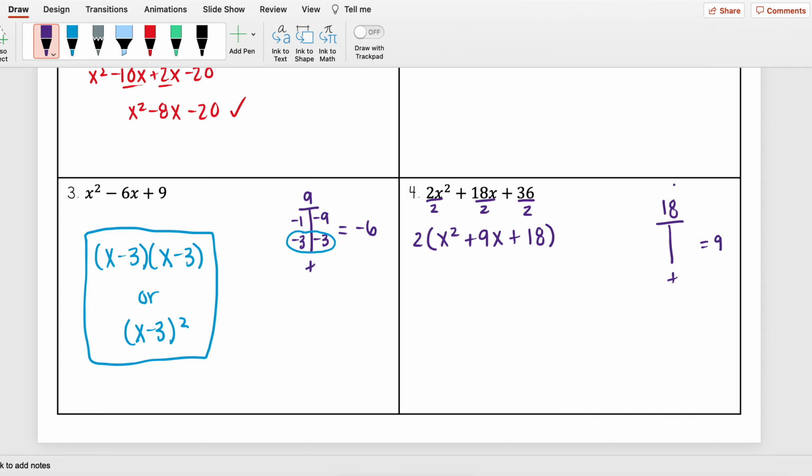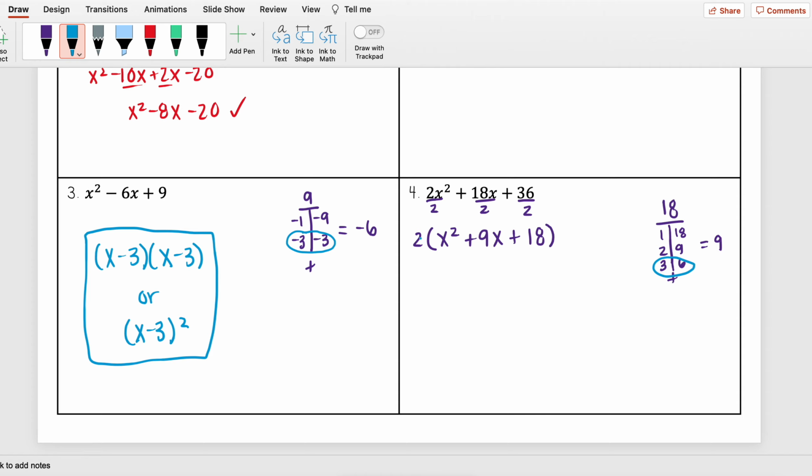Since everything's positive, my 18 and my 9, then all my factors are positive as well. So I have 1 times 18, 2 times 9, and then 3 times 6. And I see the two factors that add up to 9 are going to be 3 and 6.